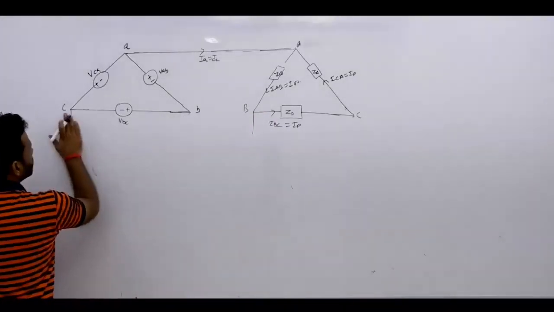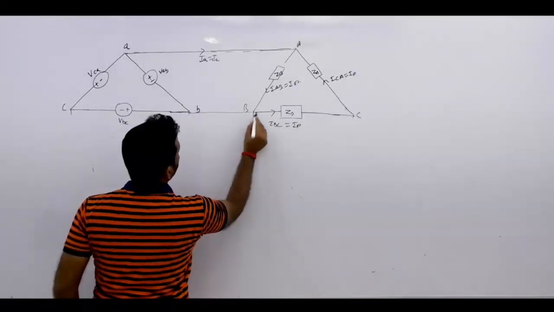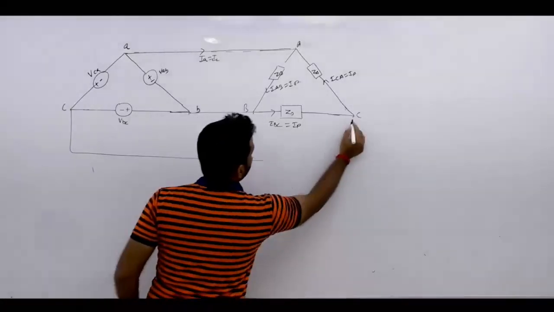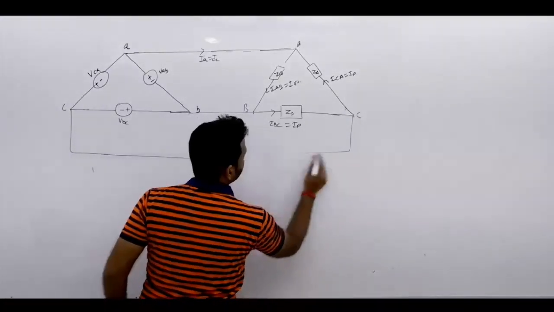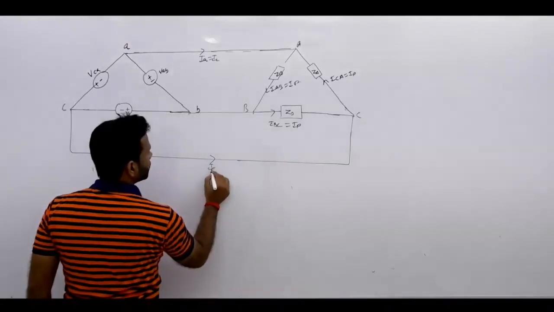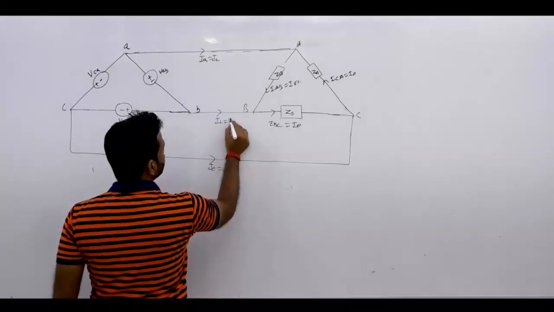Okay, let's wait. It was B to B, that's why we are getting the voltage wrong. So it is C to C, now it is C to C. So it is IC, that is equal to IL, and here IL equals IB.